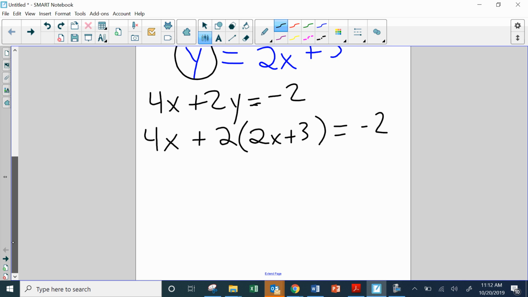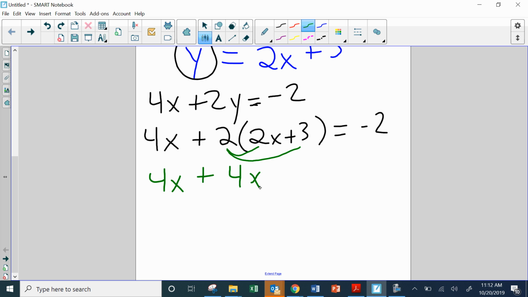So now I'll go to green. Now I'm just going to do the distributive property. That's the only thing I'm going to do in this first step. I get 4x, nothing changes there. 2 times 2x is also 4x, and I get plus 6 equals -2.